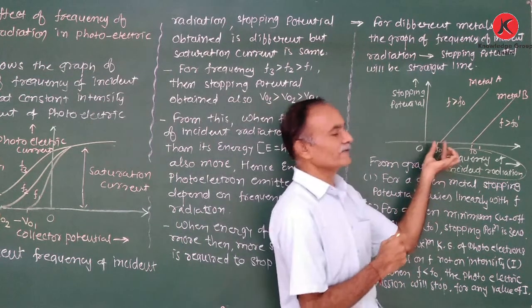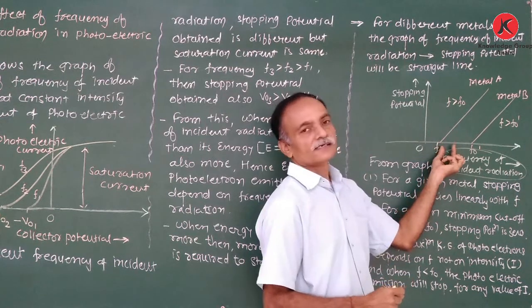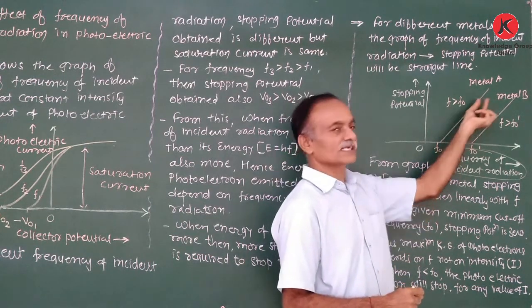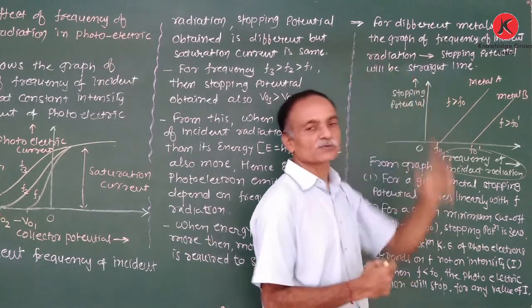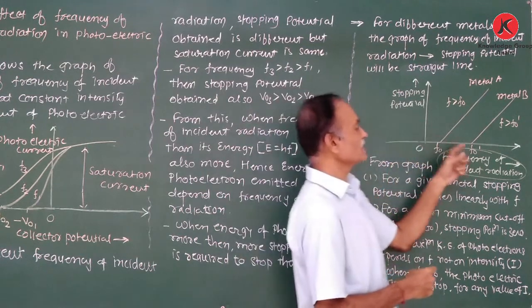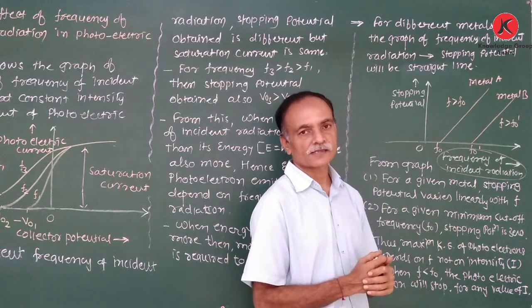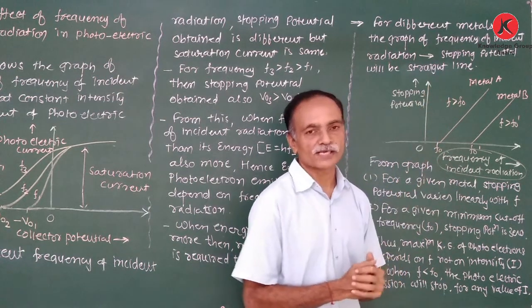At a particular frequency of incident radiation, the stopping potential starts. That means as the frequency increases, the stopping potential also increases. Therefore there is a linear relation between stopping potential and frequency.